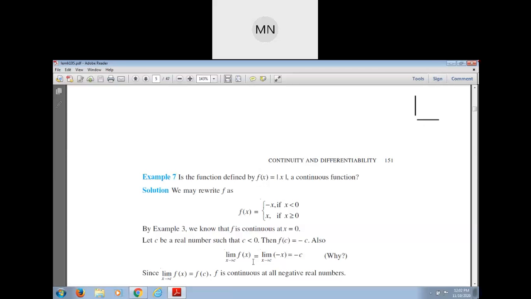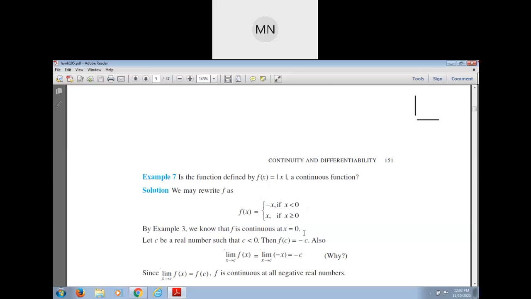When we consider x greater than 0, then as x tends to c, f of x will be plus x, and so the value is plus c. Okay. So if we consider c is a positive real number, then we get the limit as x tends to c of f of x equals f of c.